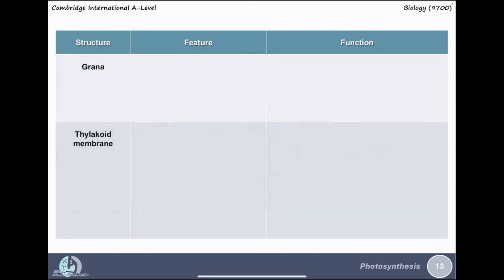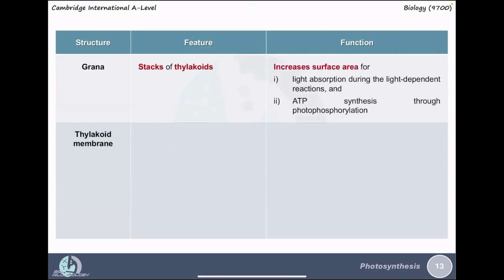The next structure, let's look at the grana. So grana is formed by stacks of thylakoids. Due to this, the stack of thylakoids increases the surface area for light absorption during the light-dependent reaction, as well as increases the rate of ATP synthesis through photophosphorylation.